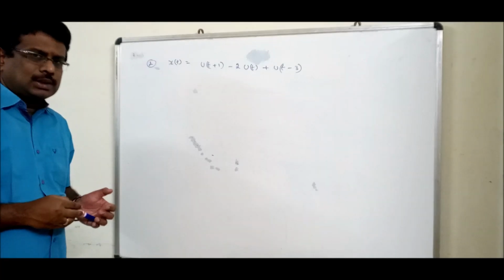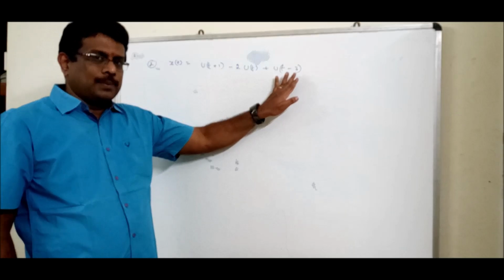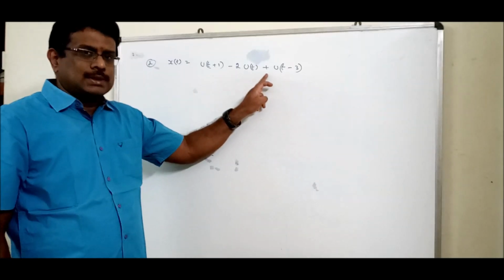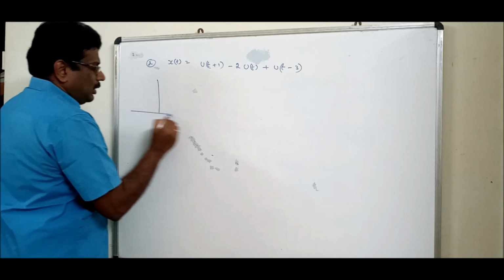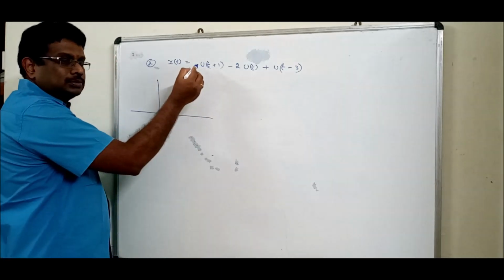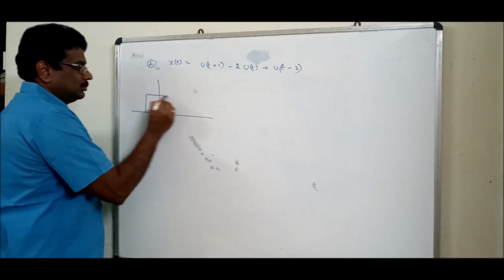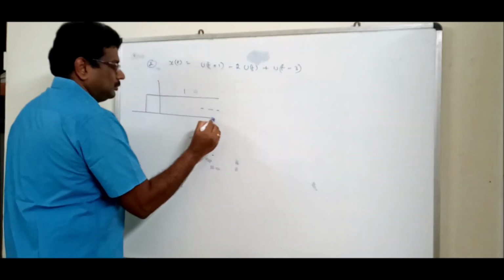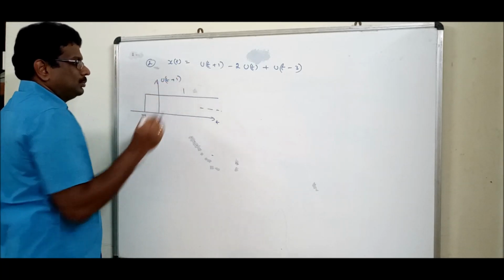Don't complicate yourself. Individually sketch these three and do the calculations. What is the first signal? u of t plus 1. Good, it is a left shift by 1 value. That's all. This is u of t plus 1.